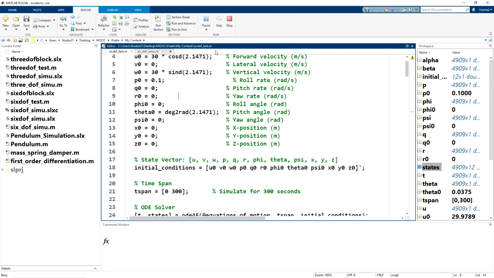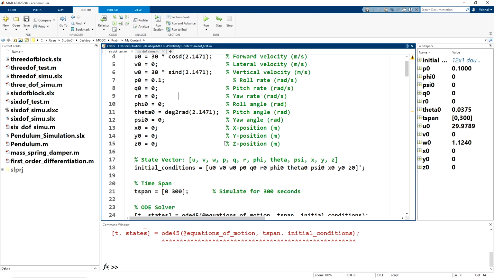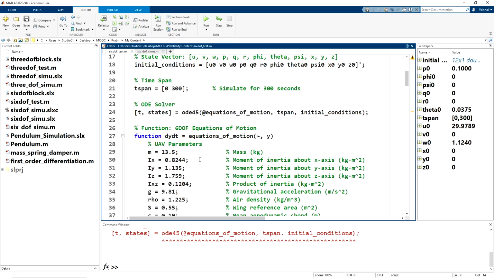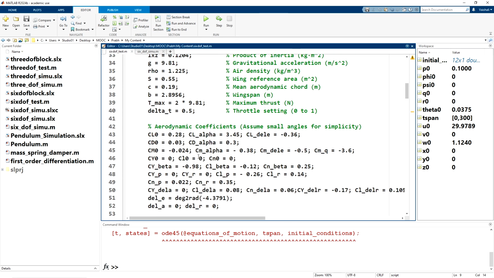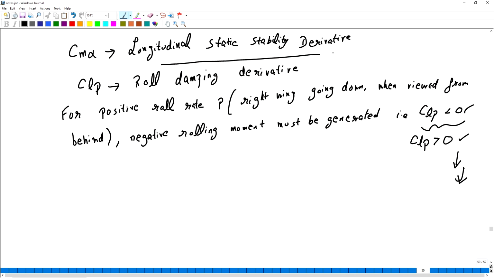All right. So I am stopping it here. You can try it on your own. Let me put it back to minus. Now what is CNR? CNR is the yaw damping derivative.